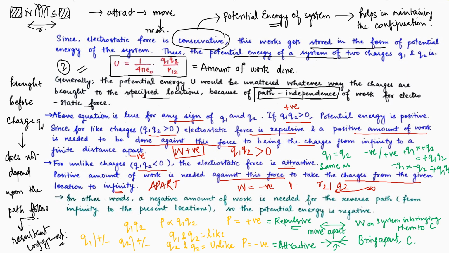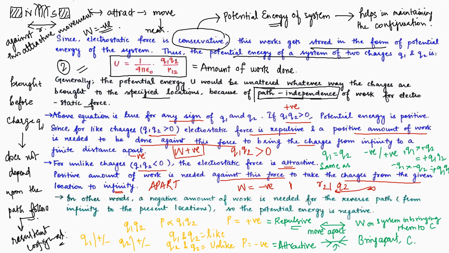Now we need to work against this attractive movement. So our work done is taken to be negative in this case. We need to work against this attractive movement to keep these two charges at the defined positions of R1 and R2. That's how the work done over here is negative work.